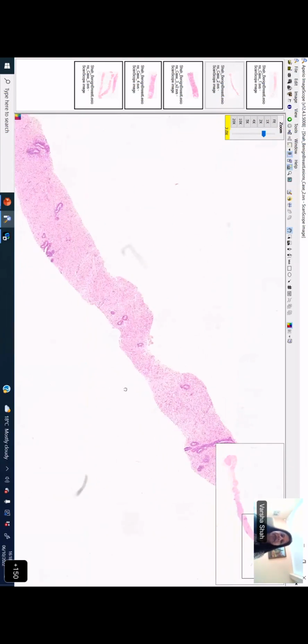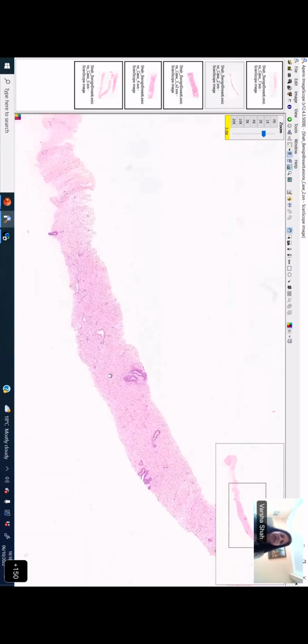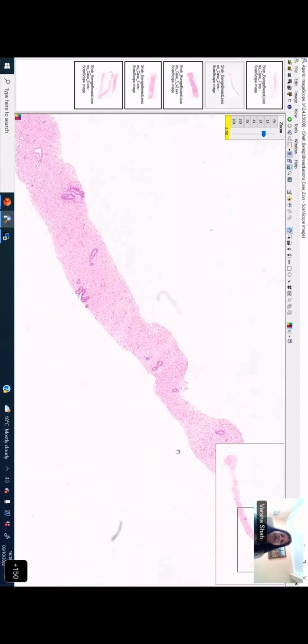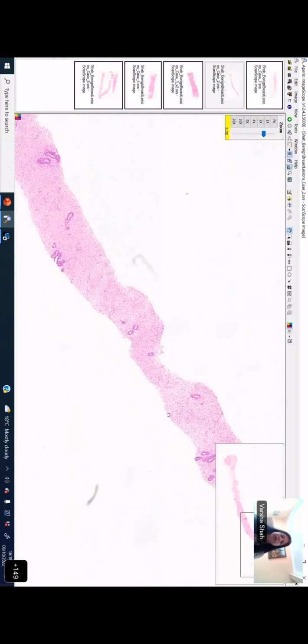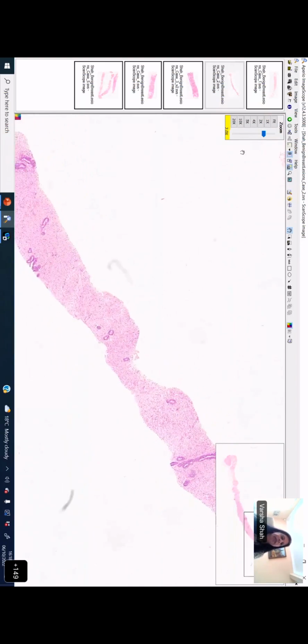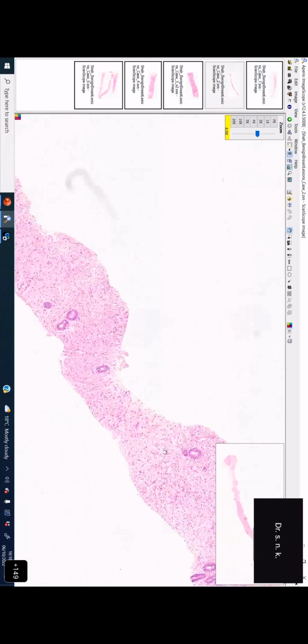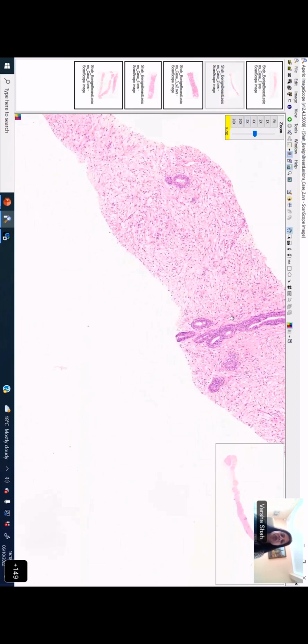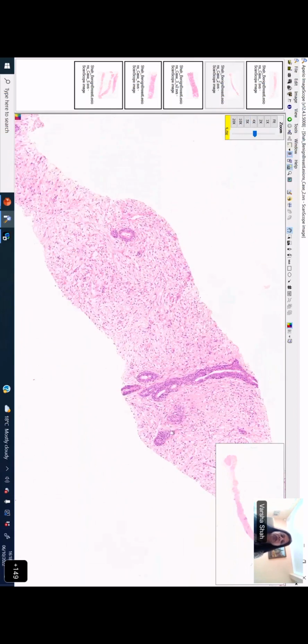And they are widely separated by, as you described, kind of cellular looking stroma. We don't have any myxoid stroma. We don't have very prominent intracanalicular or pericanalicular pattern. Maybe there is a little bit of hyperplasia, but not much. It's almost like normal breast lobules here.